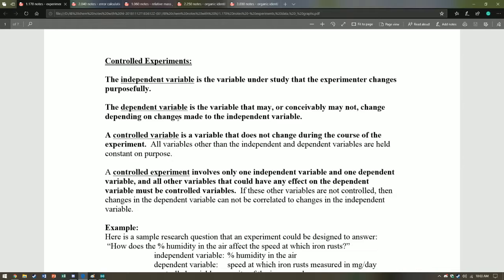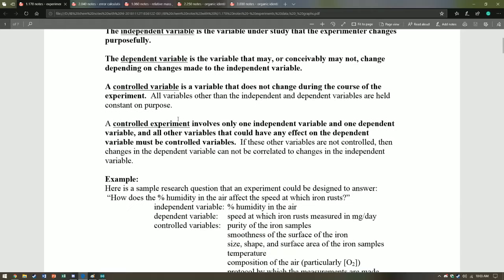So the independent variable is the thing you manipulate, and the dependent variable is the thing you watch to see how manipulating the independent variable affects the results.